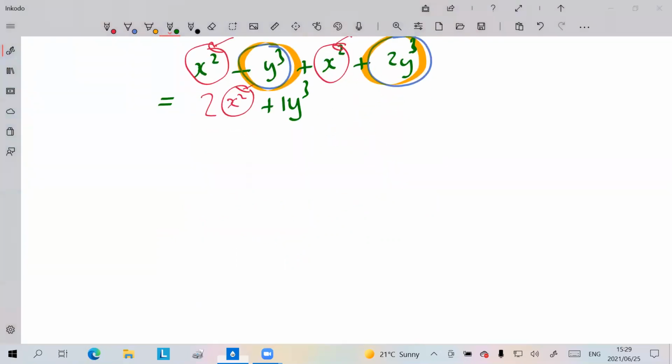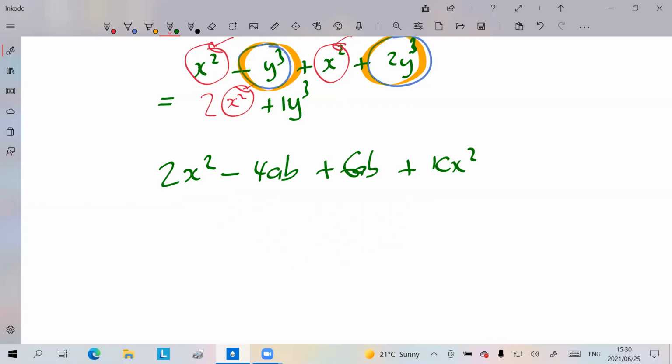So if I had, for example, 2x squared minus 4ab plus 6ab plus 10x squared. Let's say this was a sum given to you, right? And we ask you to calculate the answer.